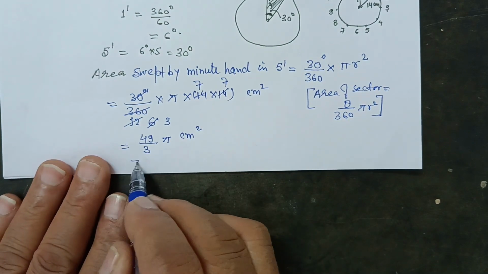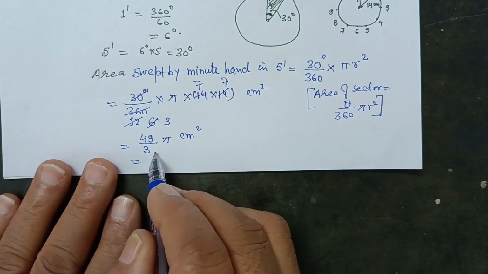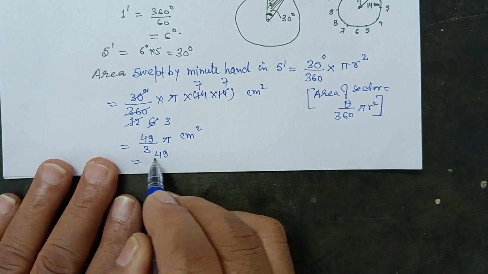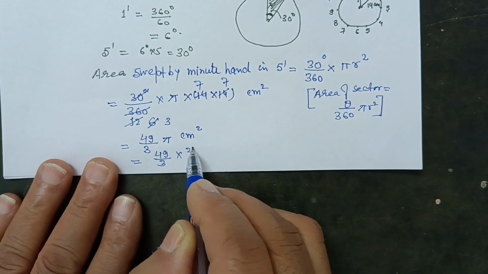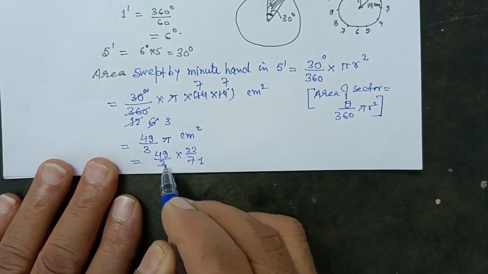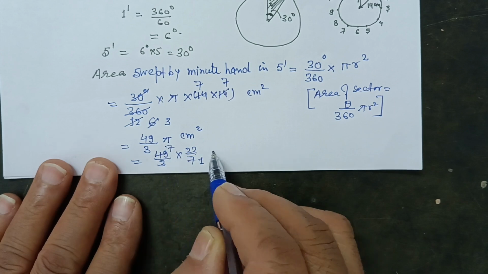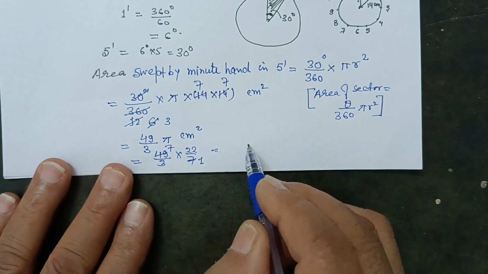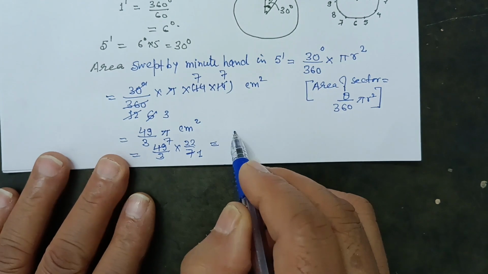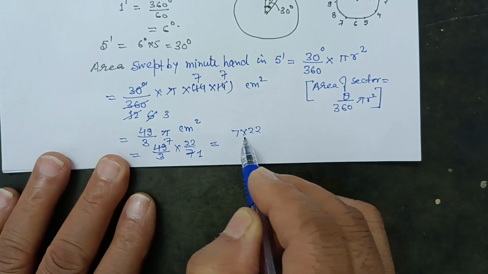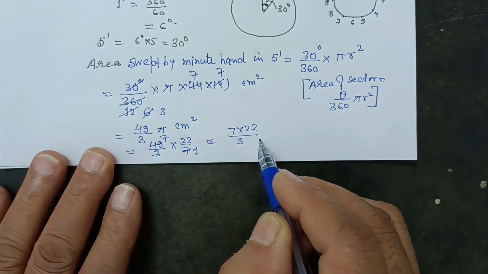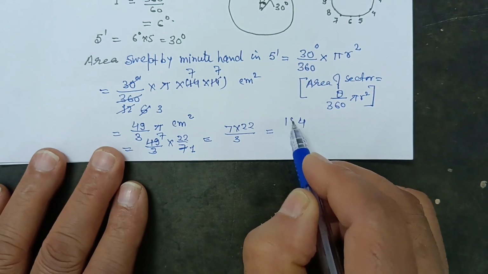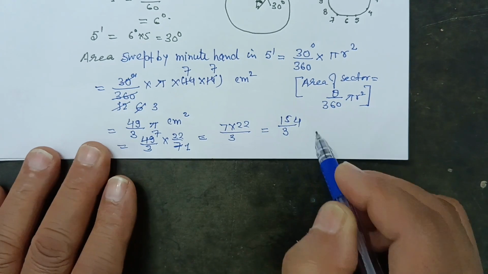You can substitute the value of pi, 22 upon 7. 49 upon 3 into 22 upon 7, 7 1 ja 7, 7 7 ja 14. Now here your final answer is 7 into 22 divided by 3, that is 7 twos are 14, 7 twos are 14 plus 1, 15 by 3.